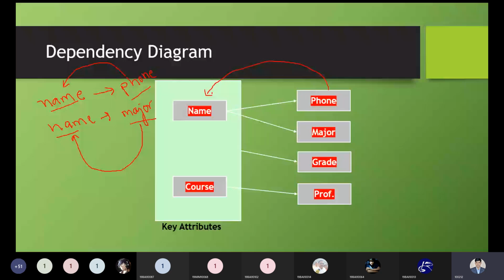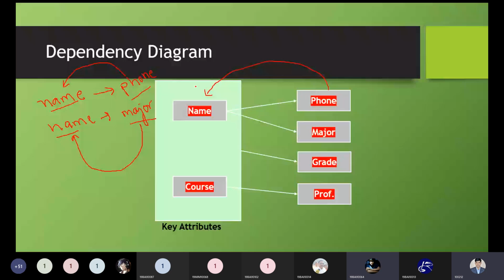So this attribute depends on the student name, and major depends on the student name, because who has opted for computer science, chemical, biotechnology, electrical? So how can you identify? Name is an attribute which is the determinant of the phone or major. Or we can write this statement like phone depends on the name and major depends on the name. So we can say the major attribute and phone attribute depend on the name attribute. Can we say?